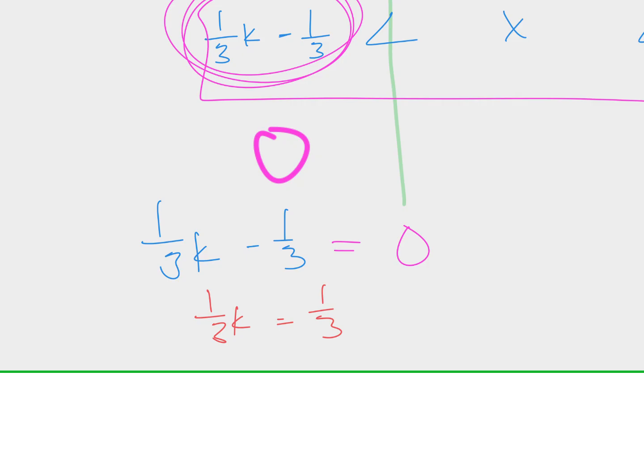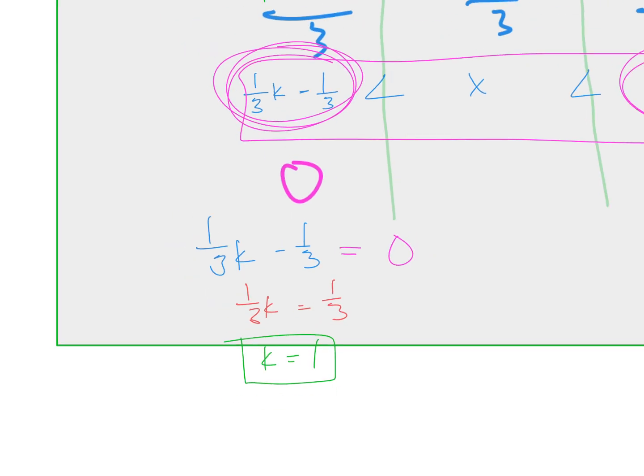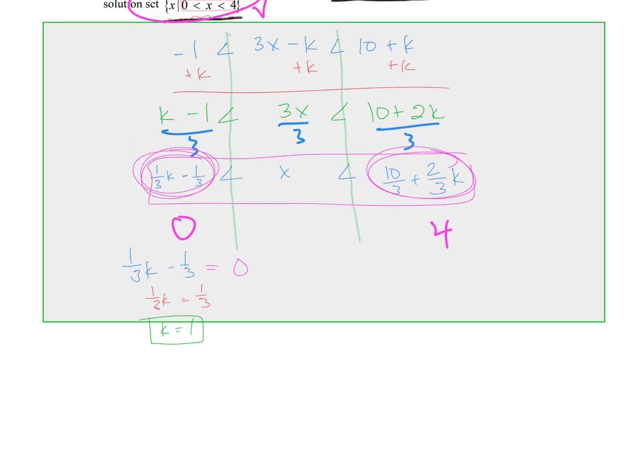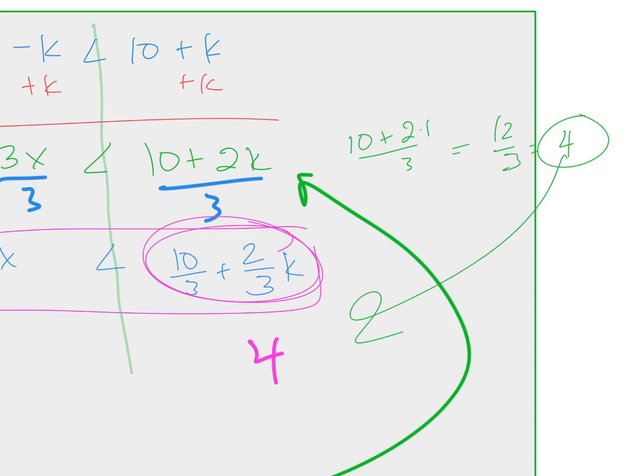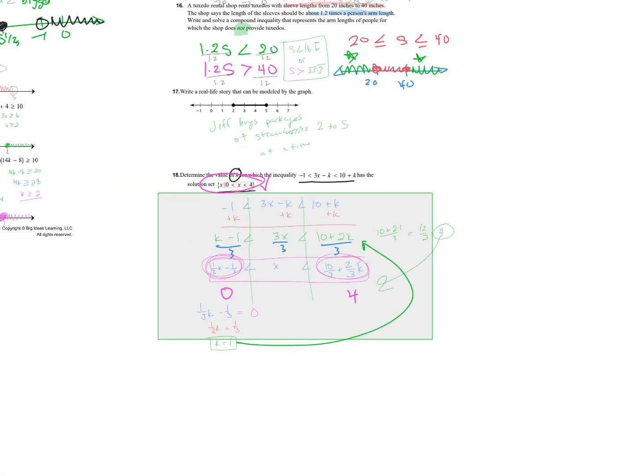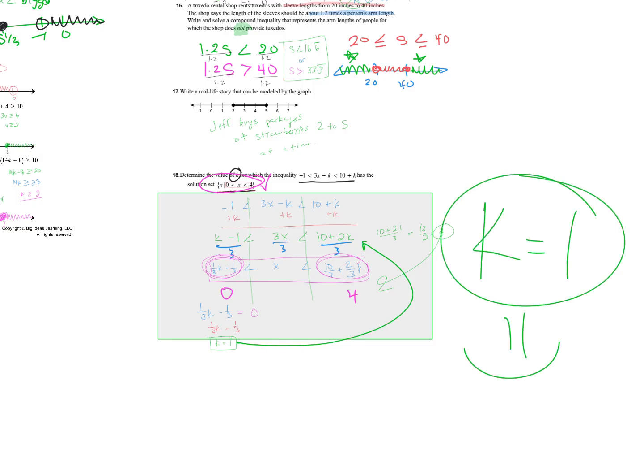I'm going to multiply by 3, and I get that k equals 1. So if k is 1, just by the way, let's plug it in right here and see what we get. 10 plus 2 times 1 over 3. Well, that would be 12 over 3, and that would be 4. So k must equal 1 in order to make this work. Let me know what questions you got.